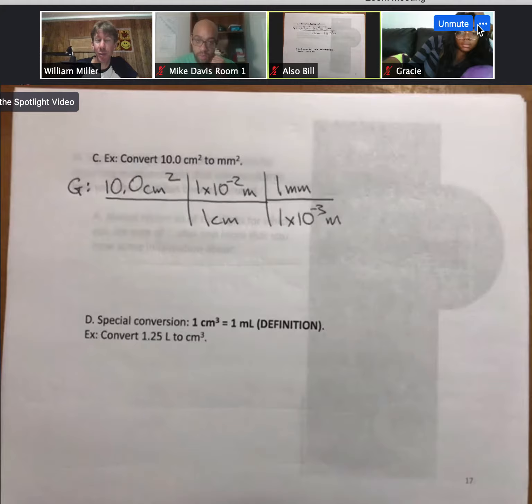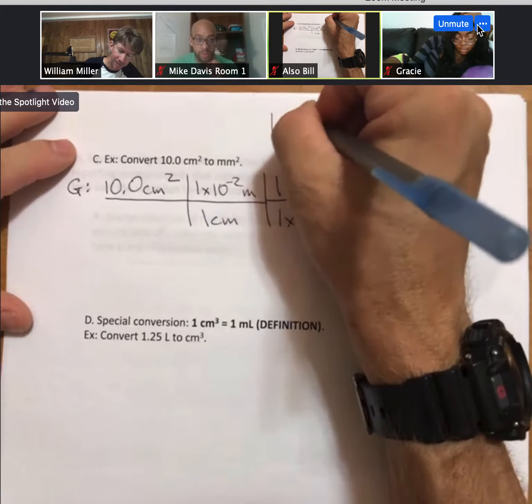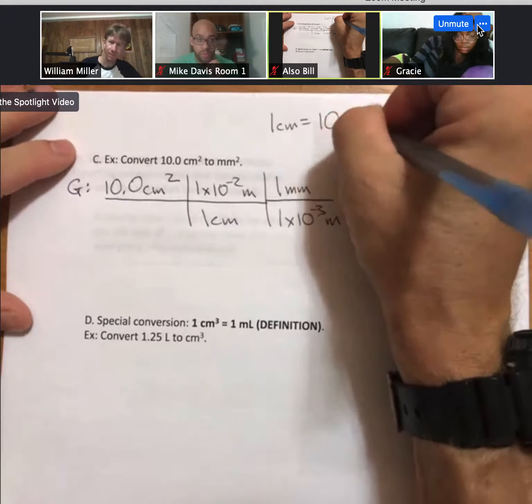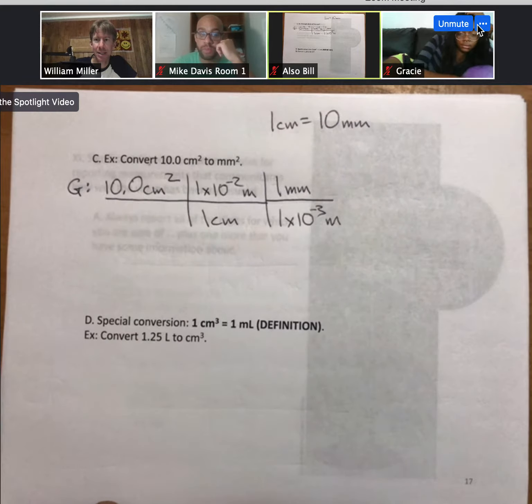If you have a better way of doing this problem, and I would suggest there is an easier way, if you have memorized that 1 centimeter equals 10 millimeters, then you could do this in one step. And doing it in one step is fine. All I will ask is that when you turn in work to me, whether it's on homework, an exam, quiz, or whatever, you always show work.